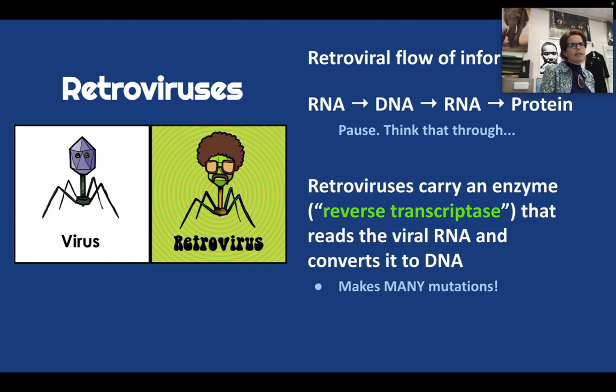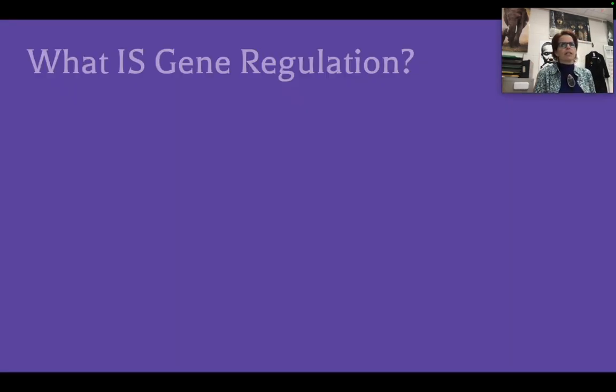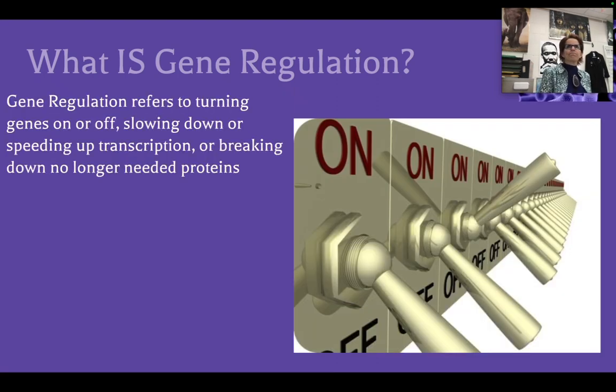The problem is that it makes lots and lots of mutations, and there are no proofreading enzymes to fix those mutations. And so that makes it really hard for us to make vaccines for it. They say that every person who has HIV has their own variety of HIV because reverse transcriptase makes so many mutations. All right, we're getting near, we're doing good here.